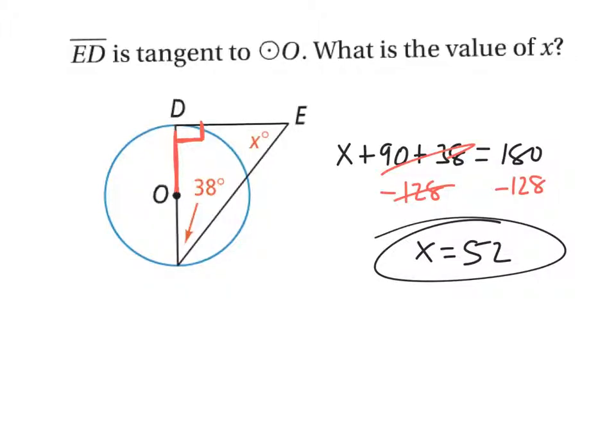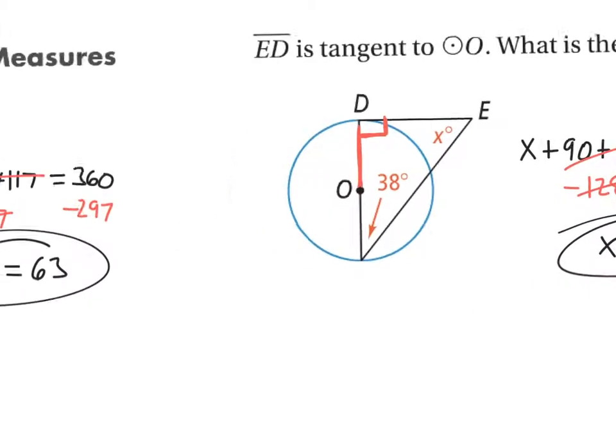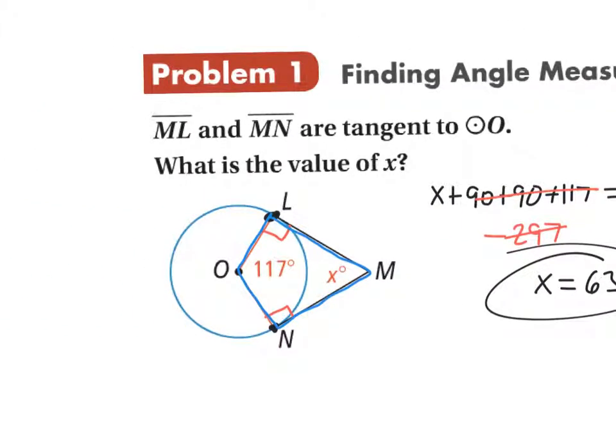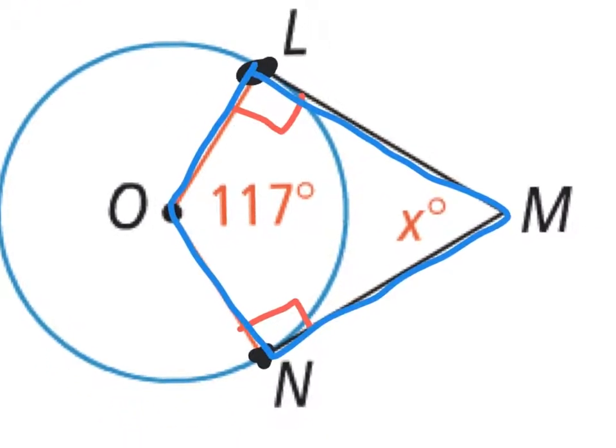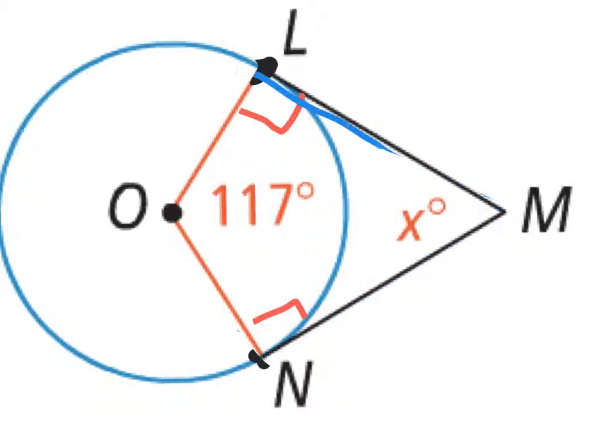Okay? Questions? Now, one thing I want to show you guys, just because I've had students in the past that have asked this, let me bring it back to this problem. Let me erase that blue. I've had some students who have had questions as far as where that 90-degree angle is. So I'm going to zoom real close here.